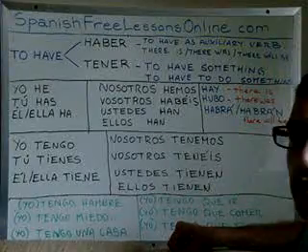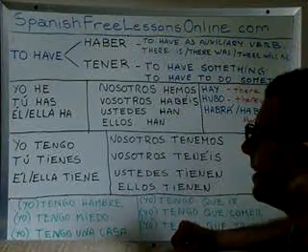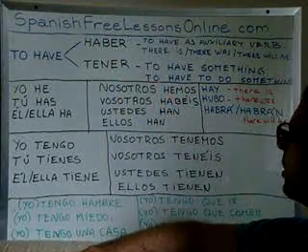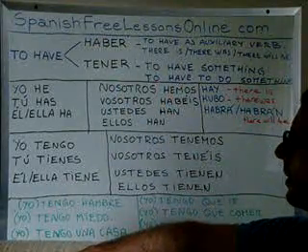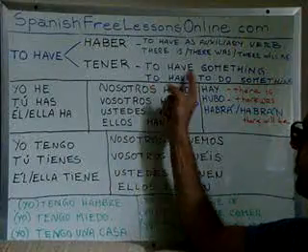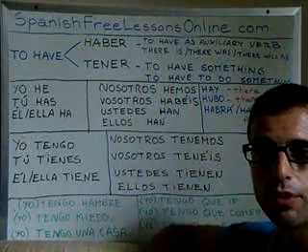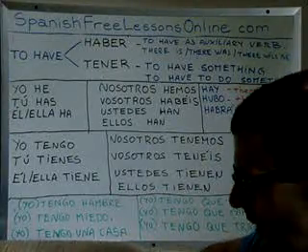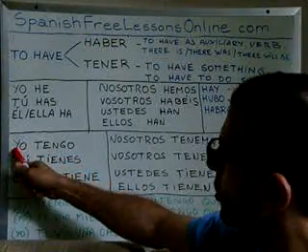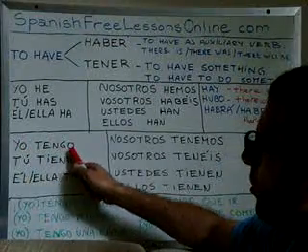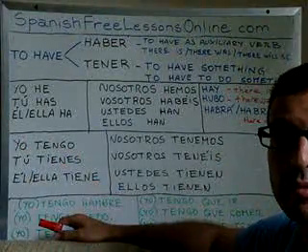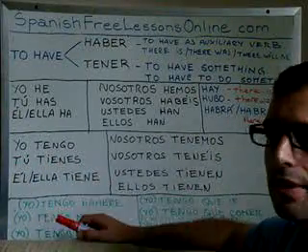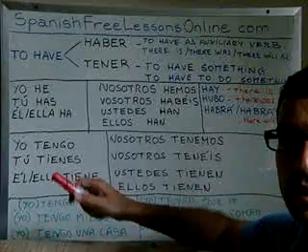The other verb we will see today is the verb tener. Tener. So, tener, to have something or to have to do something. Let's begin with the first person. Yo tengo. I have. Tú tienes. You have.